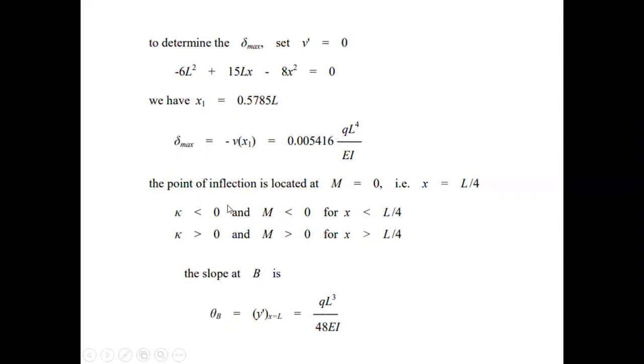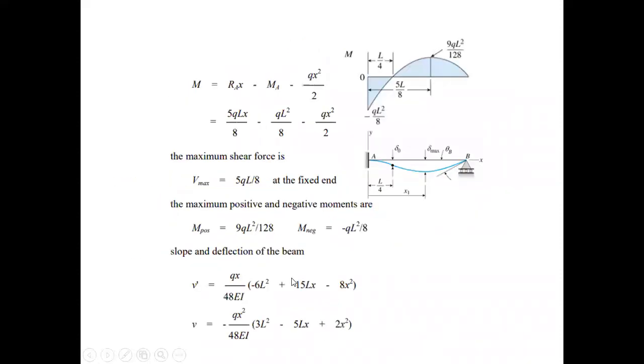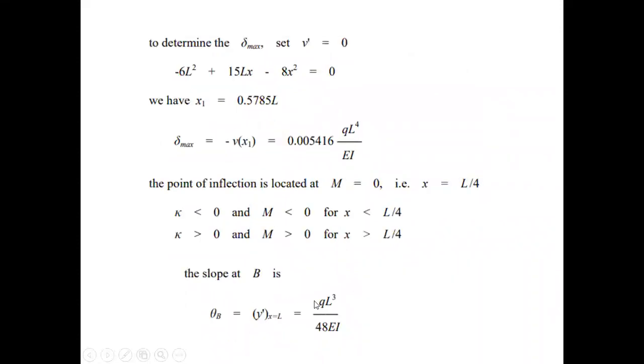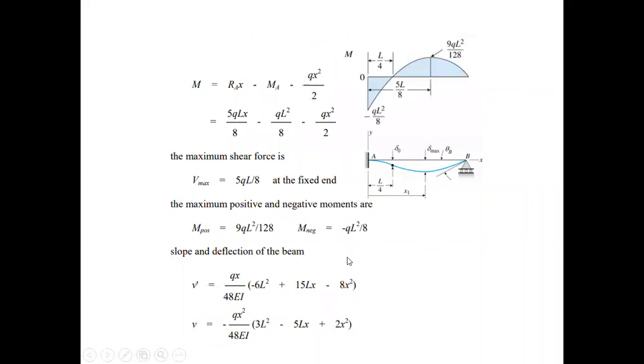Then again, for the variation point, when M is equal to 0, then x will be equal to L by 4. The slope over there will be theta B, and it will be y dash at x equal to L. It will be QL cube upon 48 EI in this equation. So by using the two equations, we can find values at any point.